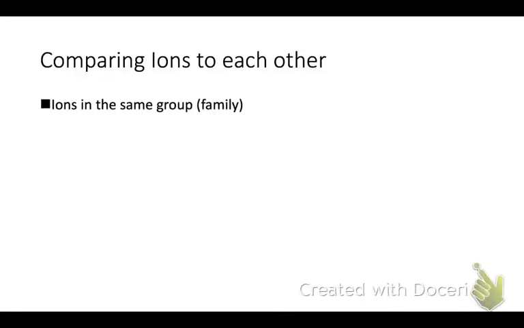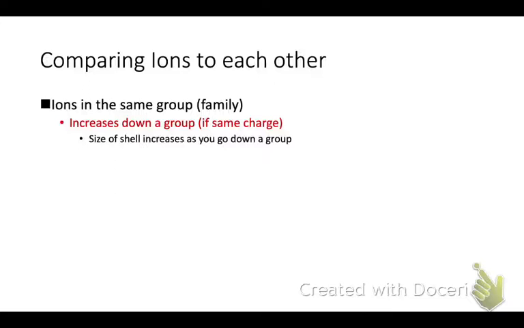If the ions are in the same group and have the same charge, then going down the group, the size will increase. The size of the shell increases as you go down a group. So what does that mean? Let me show you some examples here.